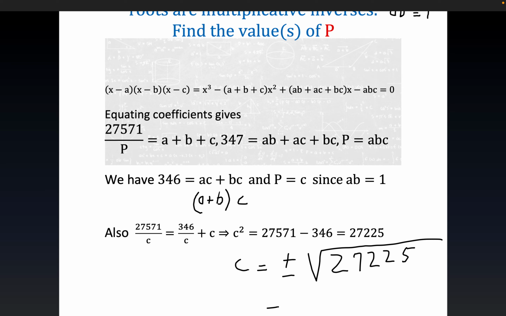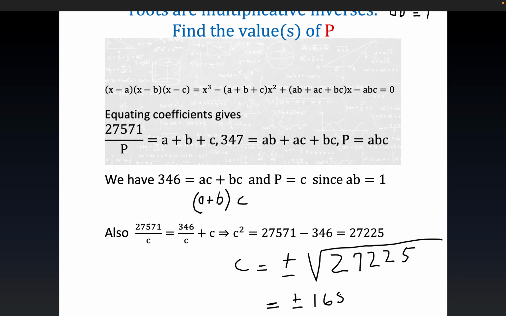It's something you can do. It's not too bad. Divide by 5, and you'll eventually get to a prime factorization where all of the exponents will be even. So the answer here is C is equal to plus or minus 165, but of course that's equal to P.